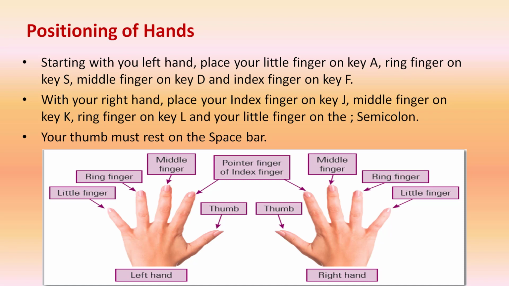Starting with your left hand, place your little finger on key A, ring finger should be on S, middle finger on D, and index finger on F. In the same way, on your right hand, your little finger should be on semicolon, ring finger should be on L, middle finger should be on K, and your index or pointer finger should be on J, and your thumb should always be on the space bar key.